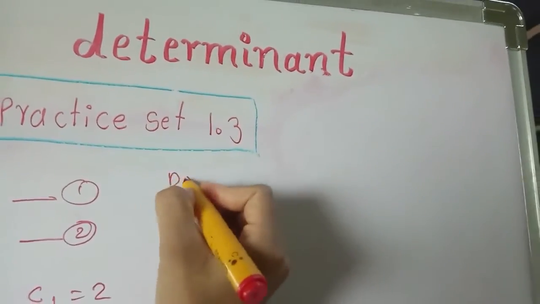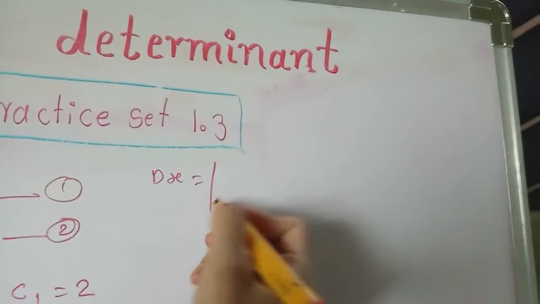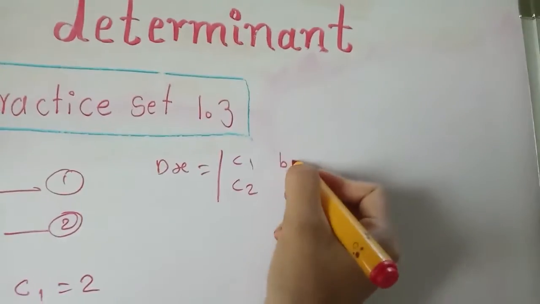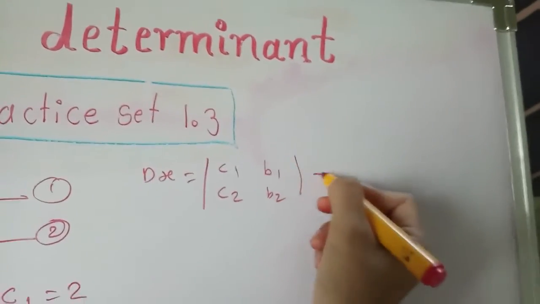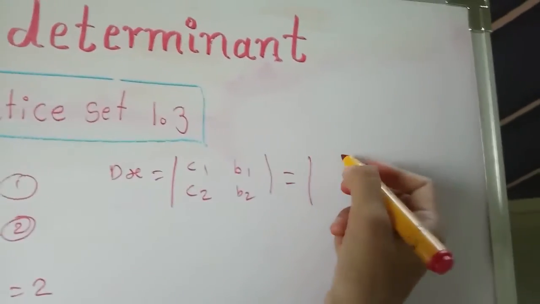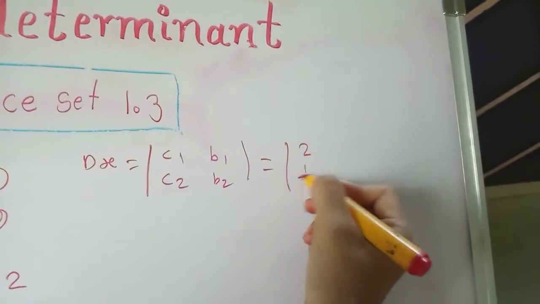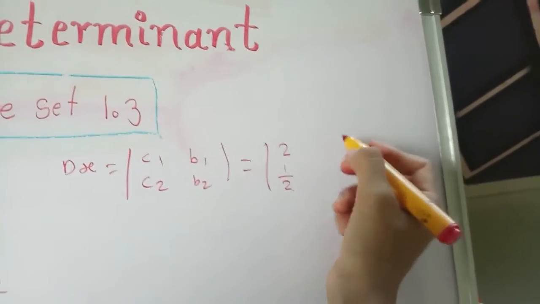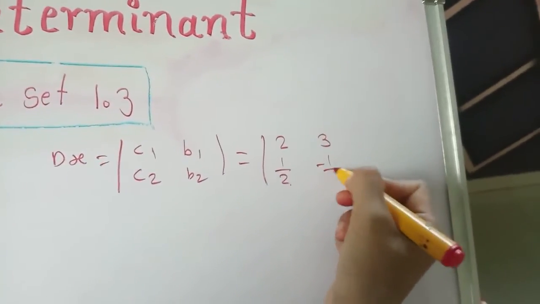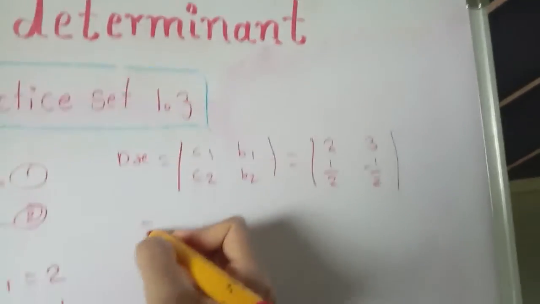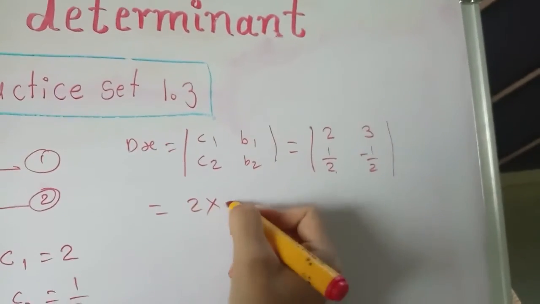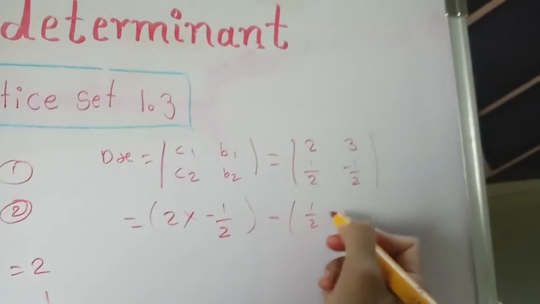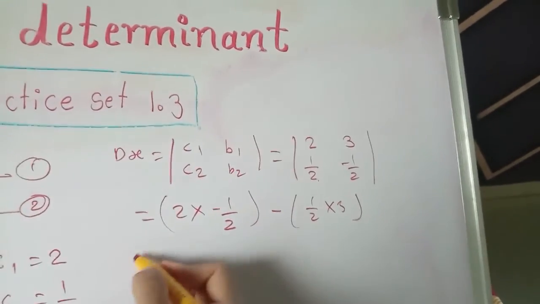So next is dx. dx is determinant of c1, c2, b1, b2 is equals to 2 and 1 upon 2, and 3 and minus 1 upon 2. So cross multiplication, 2 into minus 1 upon 2 minus 1 upon 2 into 3.